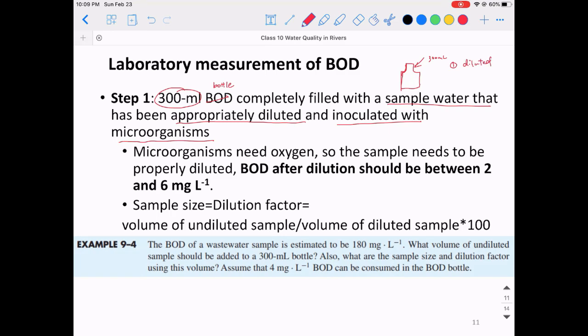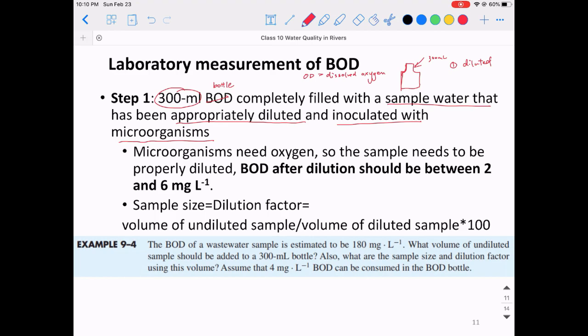So first, it has to be properly diluted. You may wonder, why can't we just use the wastewater as the sample without any dilution? It is because if the BOD of this sample is too high, and we have introduced that if the oxygen demand is larger than the dissolved oxygen, it simply means that none of the microorganisms are able to grow in this sample, okay?